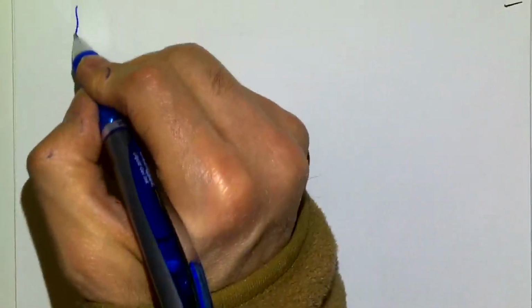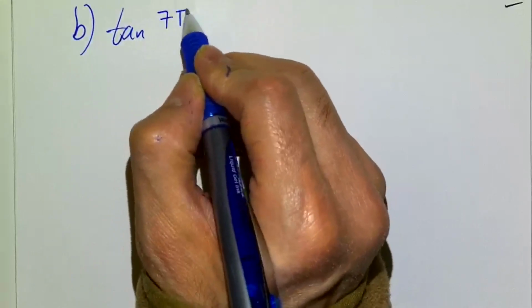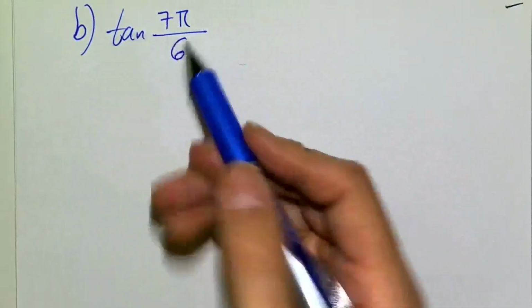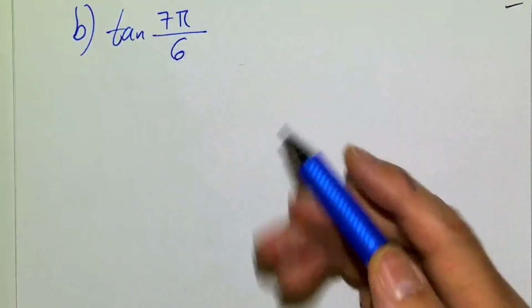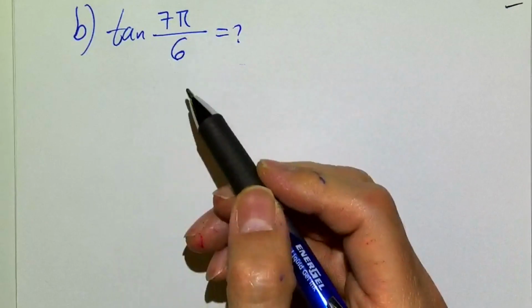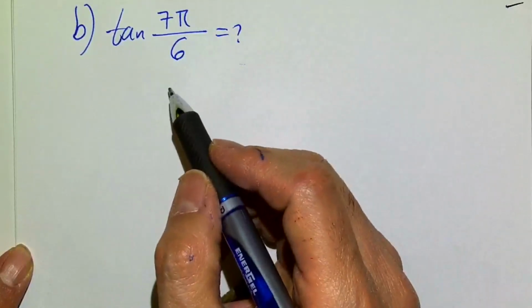All right, so another, this would be part B, but we're going to do the same thing. We're going to find the exact value of this quantity, tangent of 7 pi over 6, right? That's the question. Well, just like before, break this up into terms that are easily calculated.